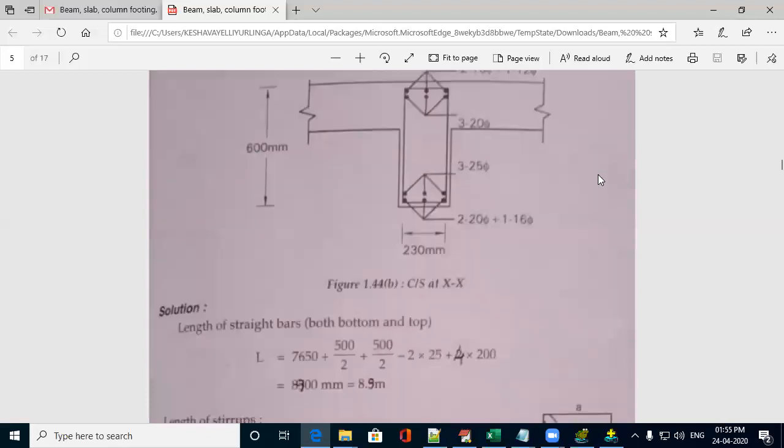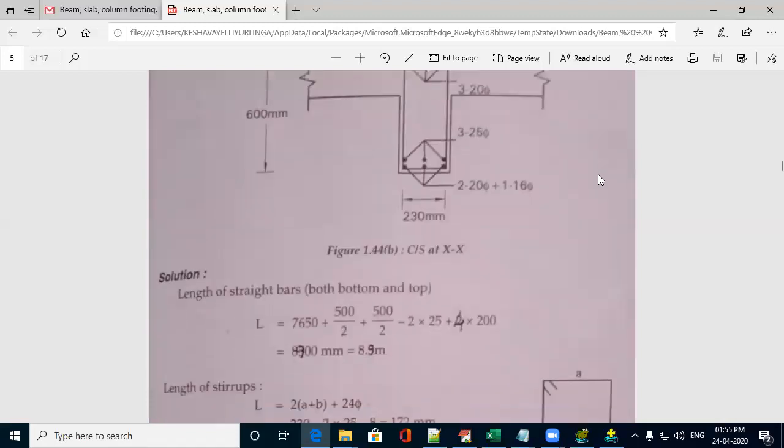First we'll calculate the straight bars, which is applicable for both top and bottom bars. These three bars and on the other side, the top three bars. They have given the center to center distance, that is 7.65 meter. At the ends, it is 500 by 2 and 500 by 2 because both the supports are of 500 mm.